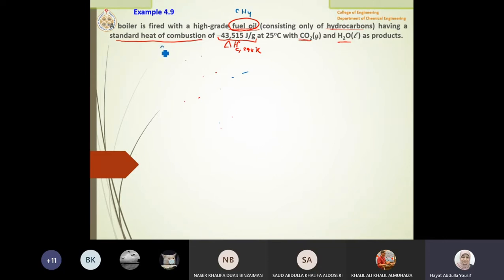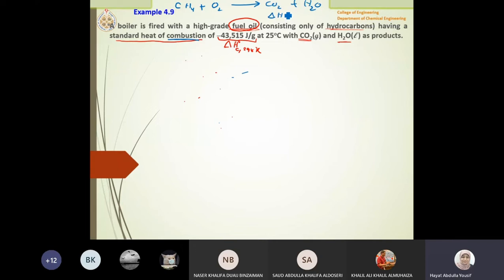Of course you would. If it is methane, you put CH4 plus oxygen, because combustion means burn, to give CO2 and water, and then you balance it.